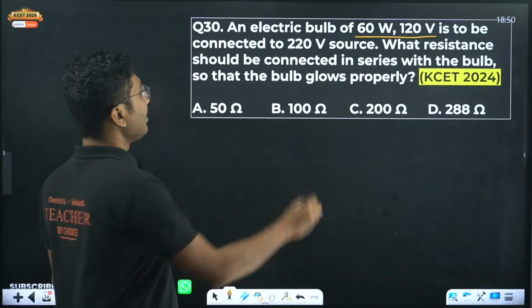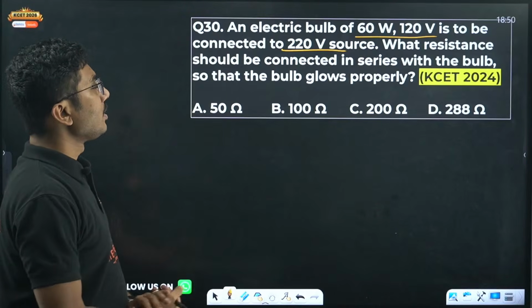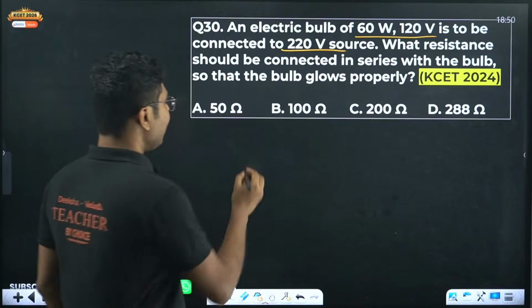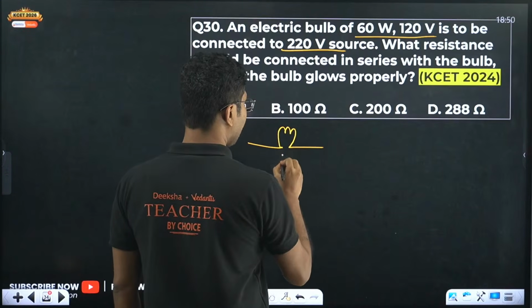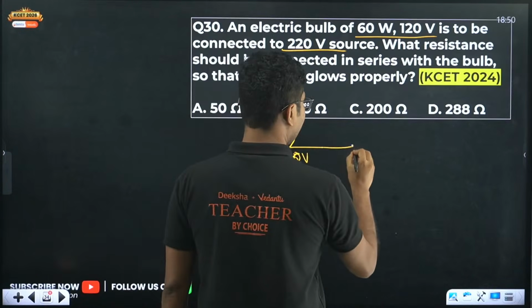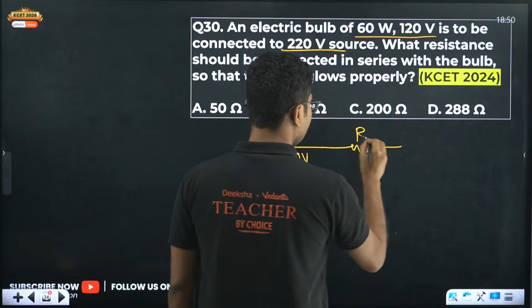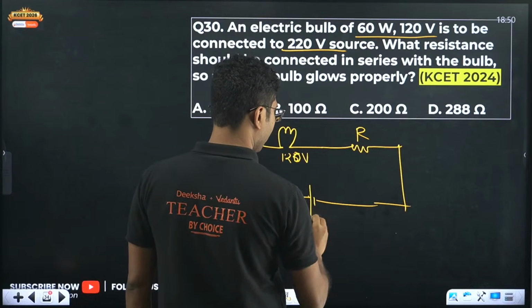Okay, and the source is 220 volt source. So basically we have a bulb which glows at 120 volt. We have an external resistance R. Our supply is 220 volt.